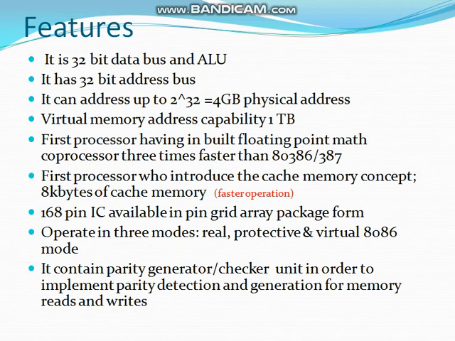It is the first microprocessor which has an inbuilt floating point coprocessor, which is 3 times faster than the 386 with the 387 coprocessor. It is also the first microprocessor which introduced the concept of cache memory for faster operation, and it has 8 kilobytes of cache memory inbuilt.